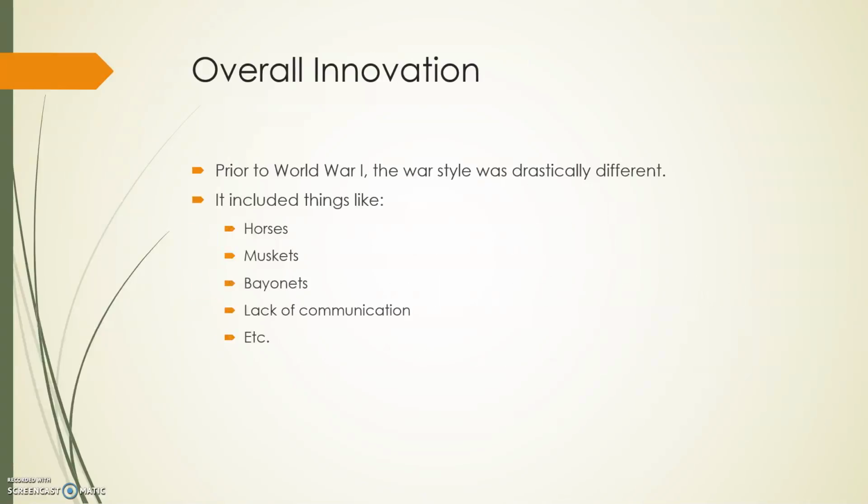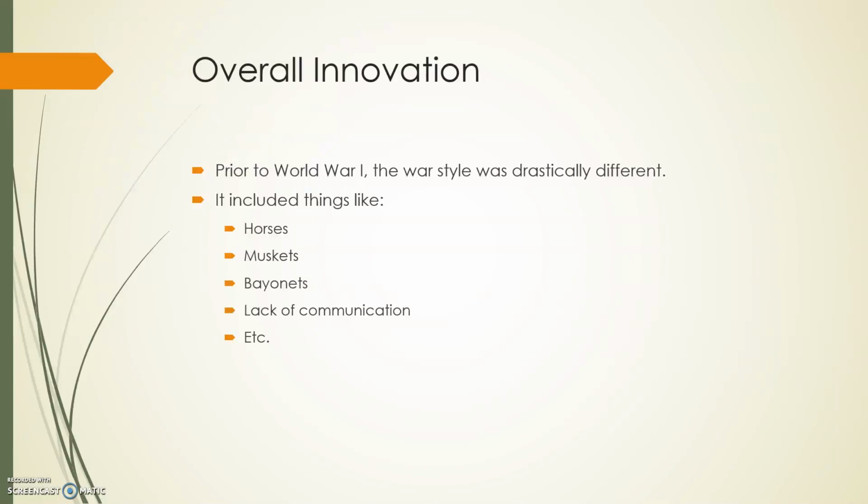Lastly, we will round up the overall innovation of World War I. So, as I said earlier, World War I brought many new things to the war, such as tear gas or poison gas, the use of airplanes, all of the things that I said prior in this video had never been used in war.